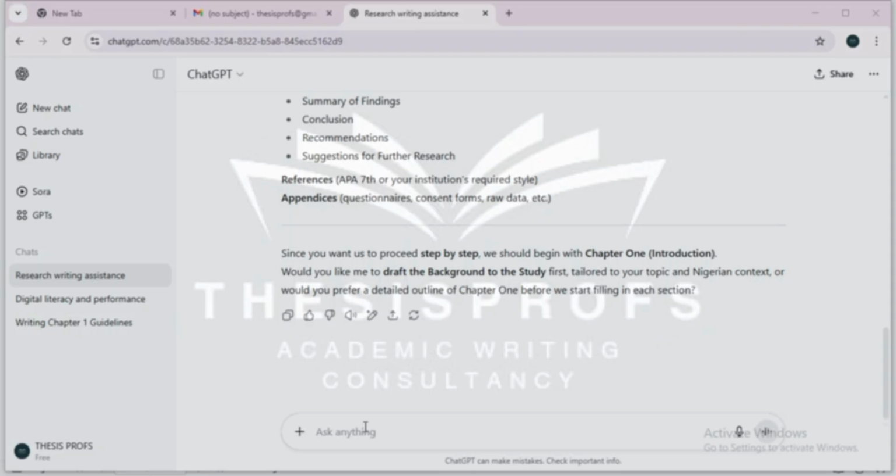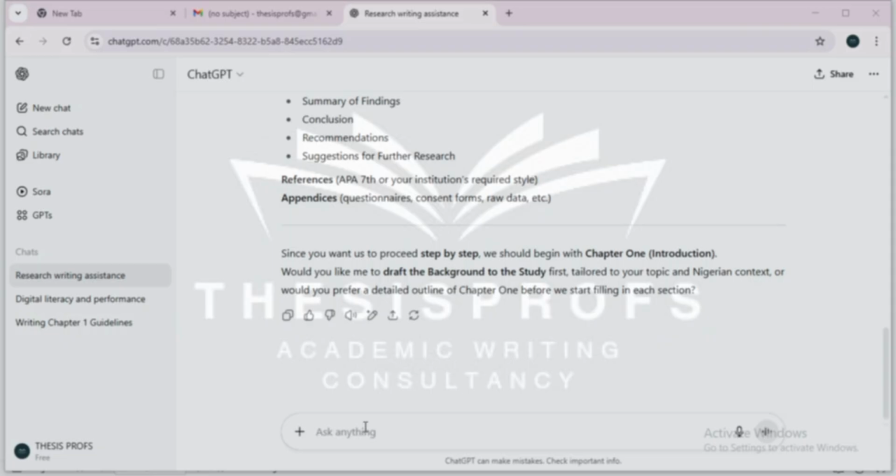But this priming and this conditioning gives ChatGPT the permission to ask clarifying questions, preventing vague or inaccurate responses, like I said earlier. So it prepares the AI to follow a chapter by chapter structure, avoiding scattered or unstructured outputs.